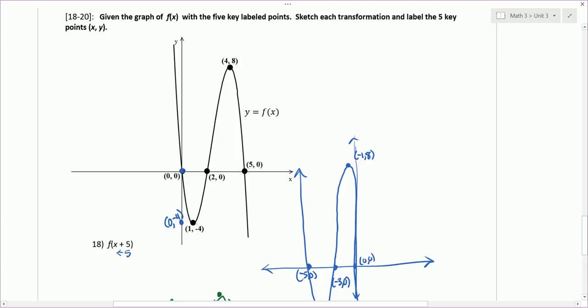Next point, 1, negative 4, when you reflect it, it's going to go up here above the x-axis, so initially that's at 1, 4, that's after the reflection. And then I'm going to go up 4 more, I'm sorry, I'm not going up 4, I'm going down 4, aren't I?